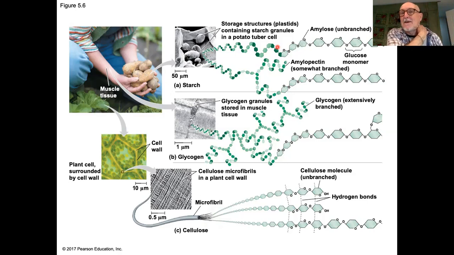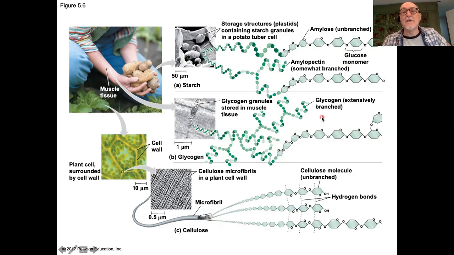And then starch can also be branched. That's a substance called amylopectin. You don't need to worry. Just remember that these all form starch. And despite the fact glucose is highly soluble, it forms such long molecules that it becomes insoluble and precipitates out.